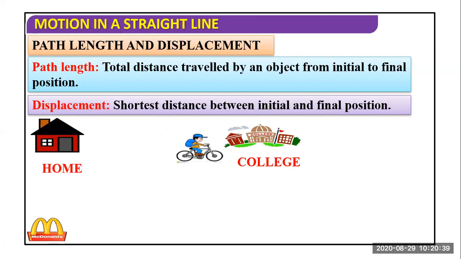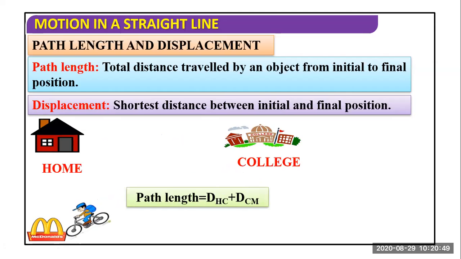So for example, if this person is going from home to college and then college to McDonald's, what will the path length be? Home to college, H for home, C for college, and then college to McD.